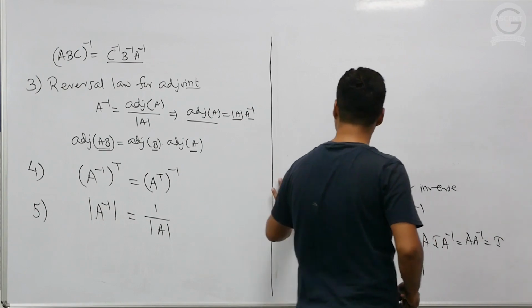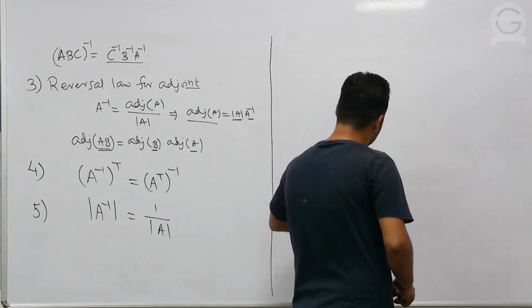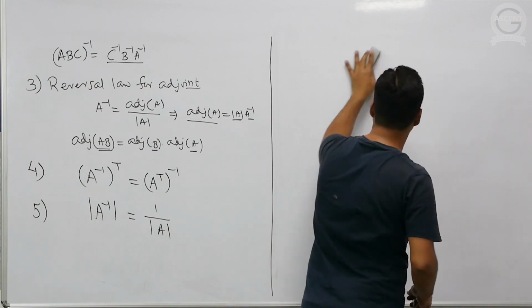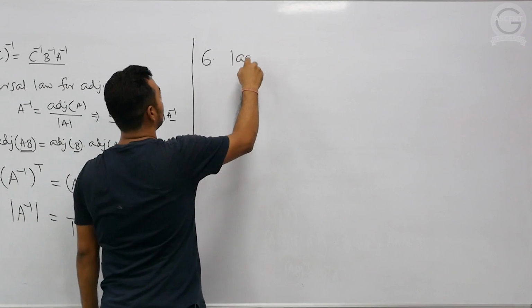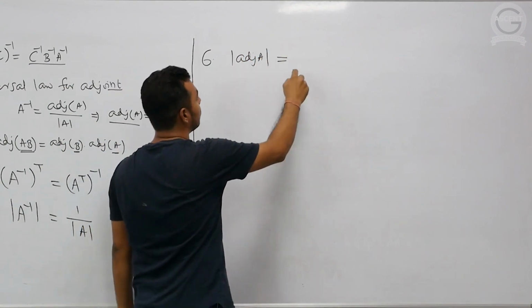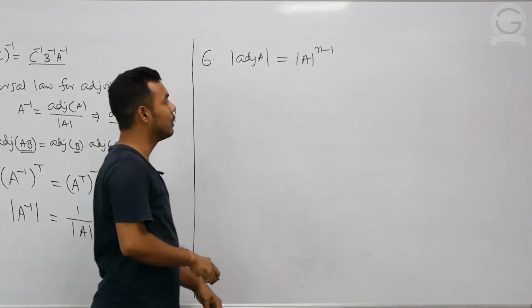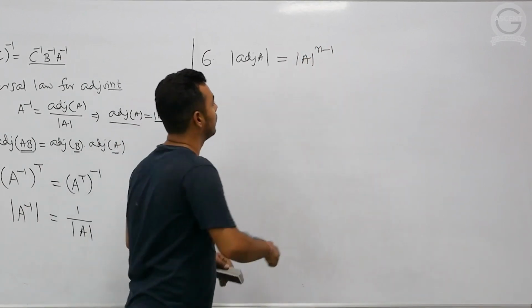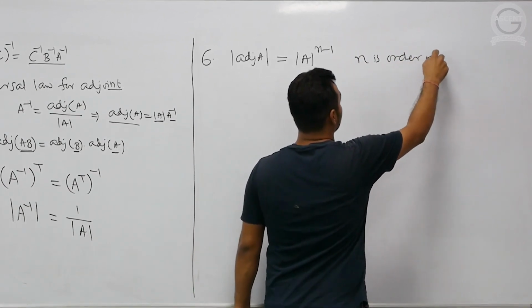So next we are going to see property number 6, which is to calculate the determinant of adjoint of A. This determinant of adjoint of A is nothing but determinant of A to the power n minus 1, where n is the order of the matrix.